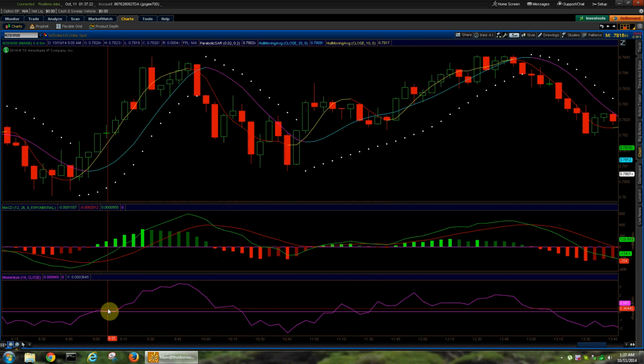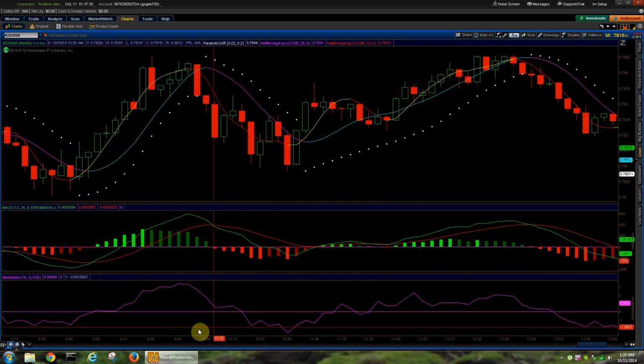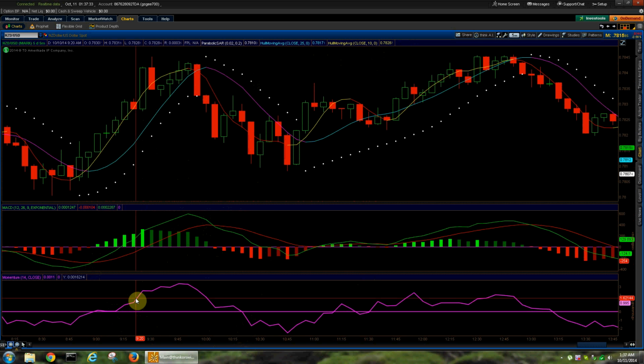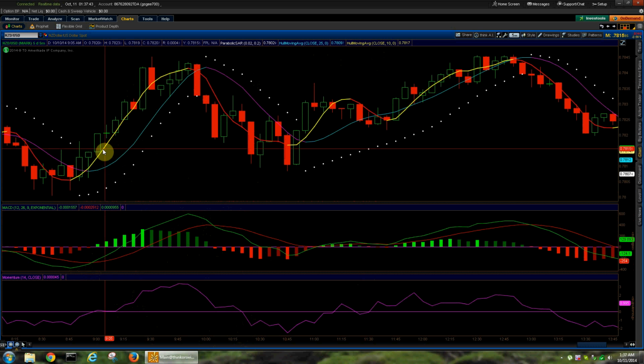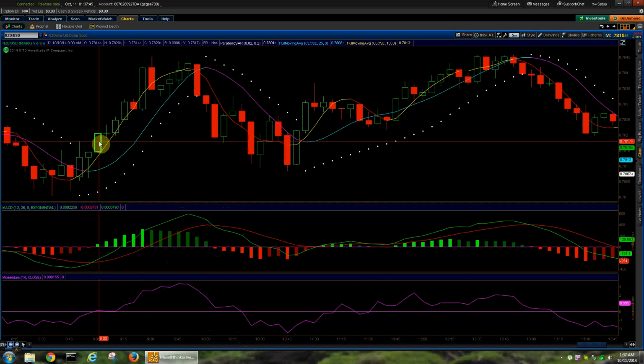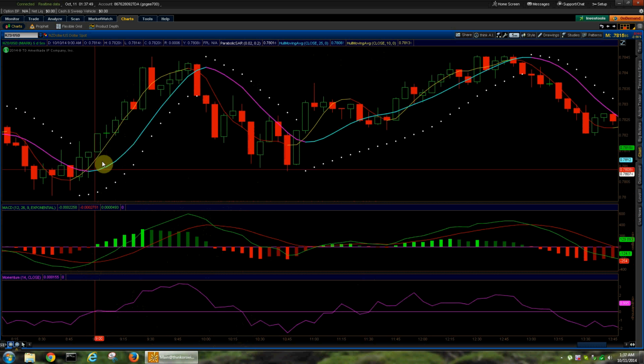So above zero for a call and below zero for a put, but it doesn't necessarily always have to be that way. And then you'd like to see a smooth uptrend. You don't like to see this jagged up and down, because that would mean that the price action is choppy, which would be like red candle, green candle, red candle, green candle, red candle. You'd like to see it more smooth.